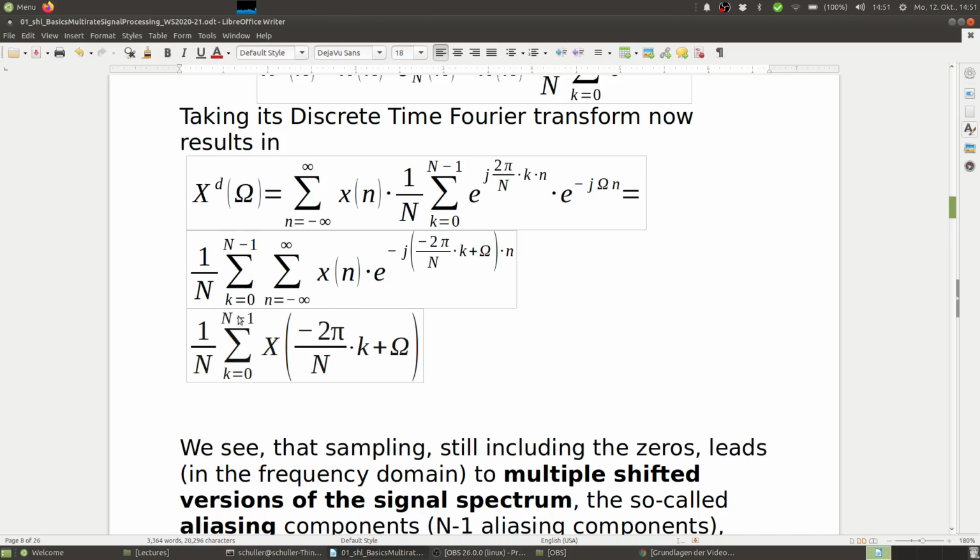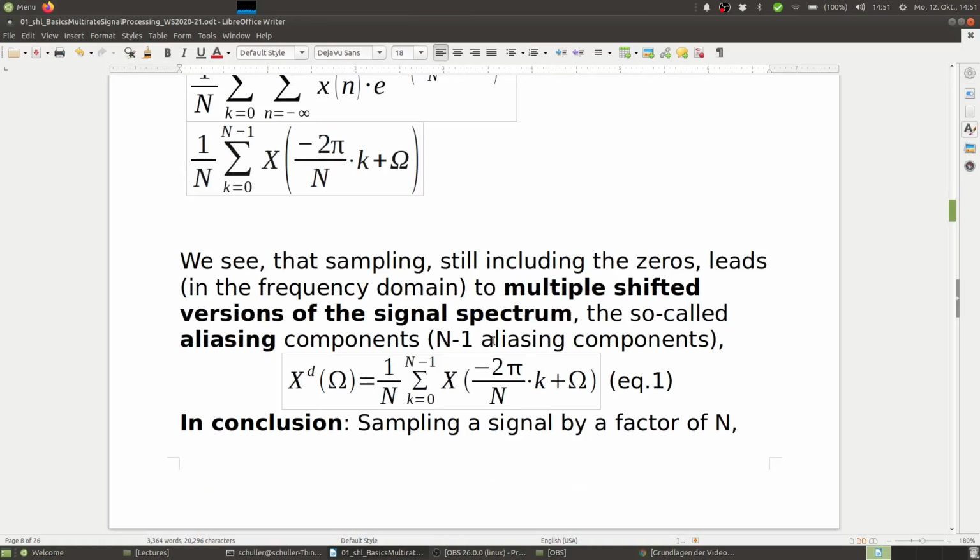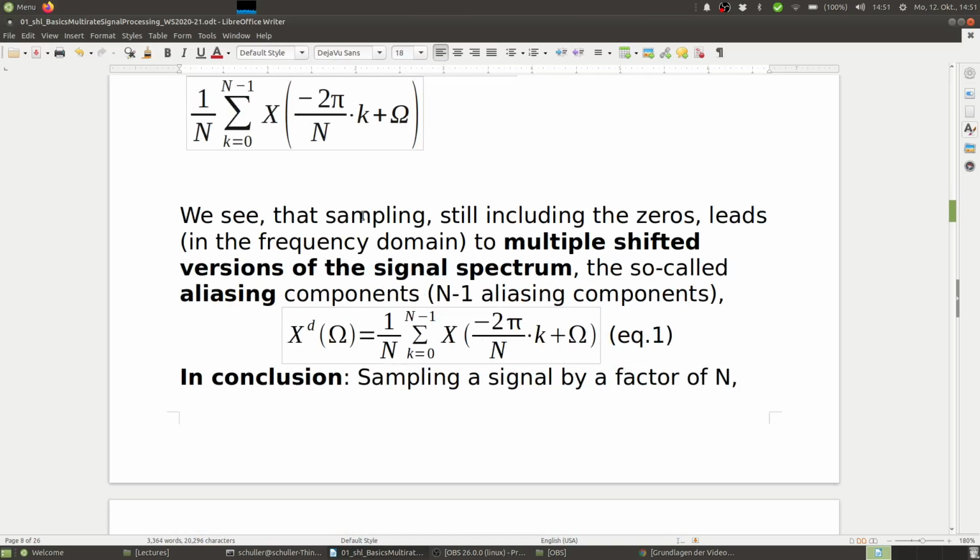And since we still have this outer sum, we can see the frequency shifts sum up. So we also have the term k equals 0, so then we get the original frequency, and for the higher k we get correspondingly shifted frequency responses. So we see this consists of the original spectrum plus shifted spectra. That's an important result here.